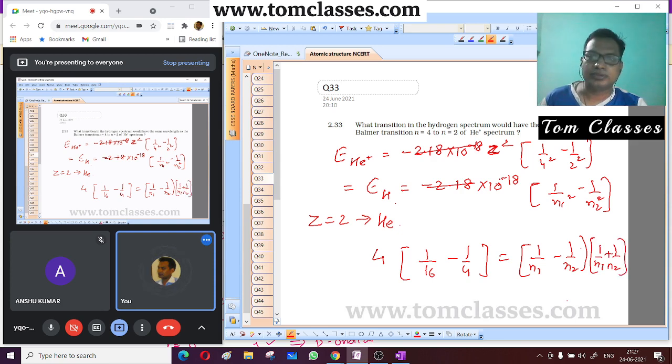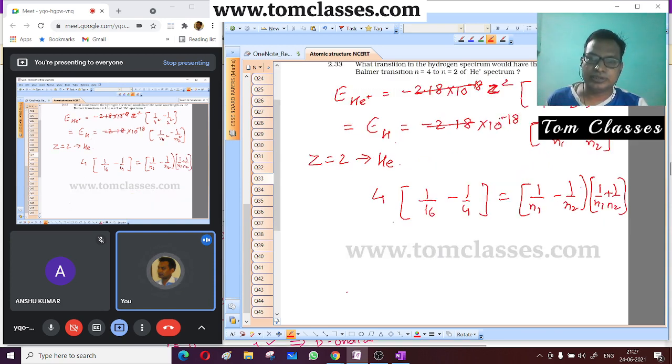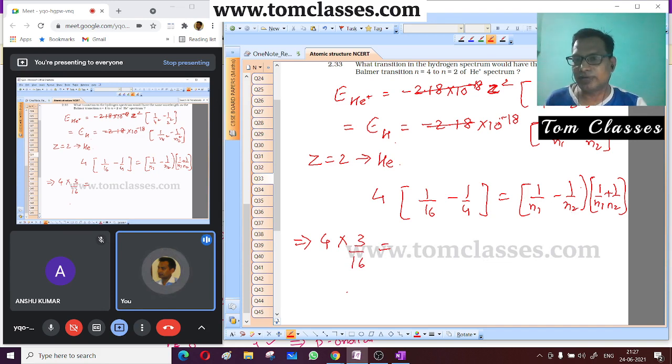So this is going to be 4 into minus 3 by 16, or you can say the positive value, so it is 3 by 16. Because here also the negative sign will come, so that will eventually cancel it off, because n2 will be of higher value.